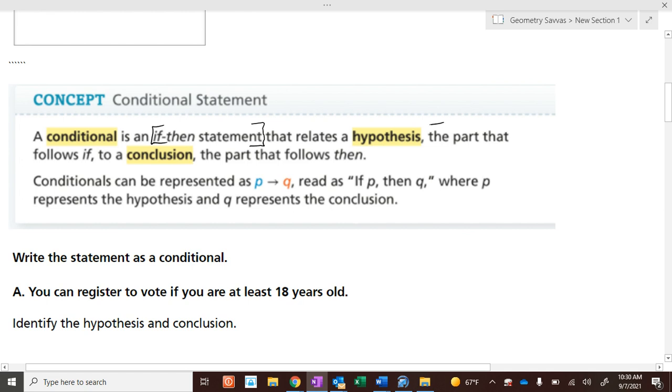Okay, the hypothesis is the part that follows the if. The conclusion is the part that follows the then. Okay, so those are the 3 things that you're going to write on your vocab sheet. So a conditional is an if-then statement. The hypothesis is the part that follows the if. The conclusion is the part that follows the then.